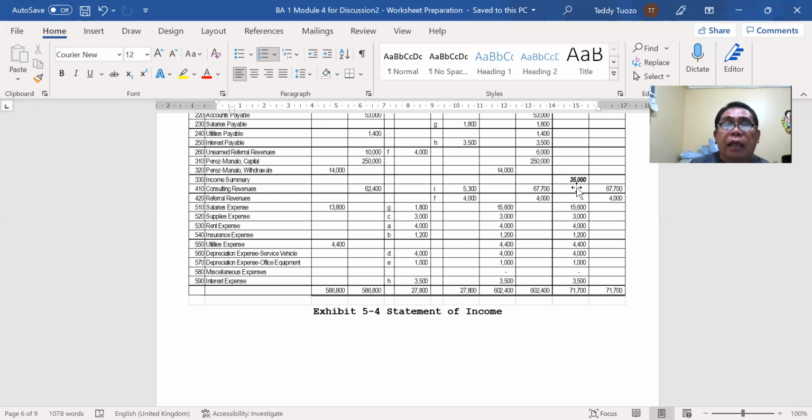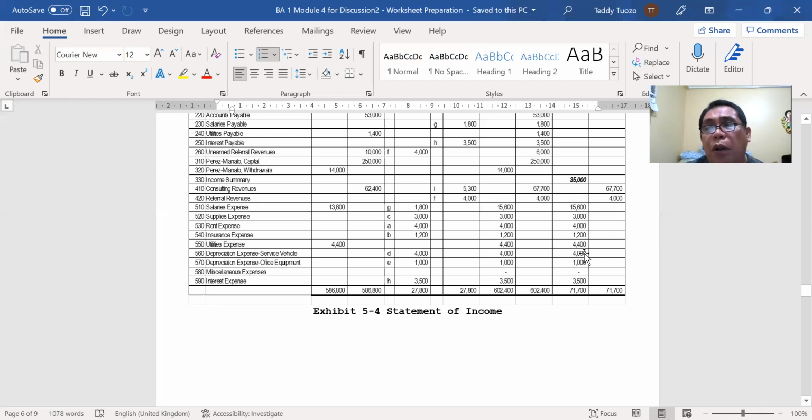Again, the income summary amount is a balancing figure after determining the total debits before the income summary amount, and the total debits are deducted from the total credits to arrive at the income summary amount.